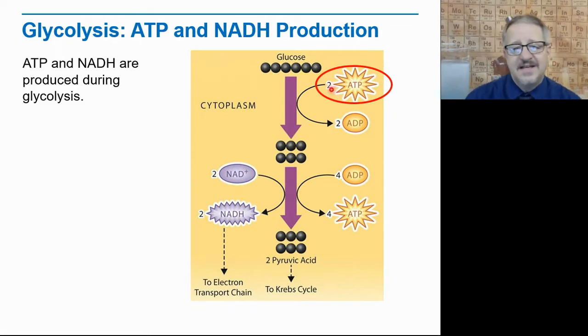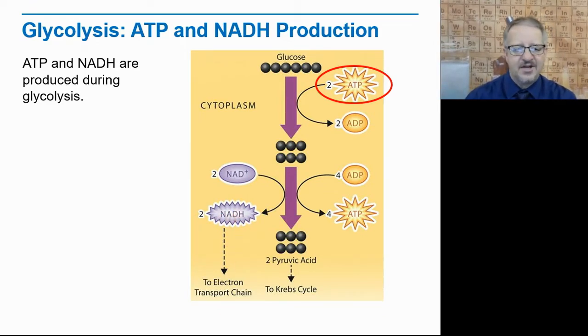Okay, so it's this energy input right here that actually drives the start of the reactions that are going to eventually break the glucose into the two pyruvic acids. As those reactions get kicked off with the energy input of ATP, we see some other things happening as well. We see NAD plus reacting and picking up some high energy electrons because it is a high energy electron carrier, and it forms NADH.